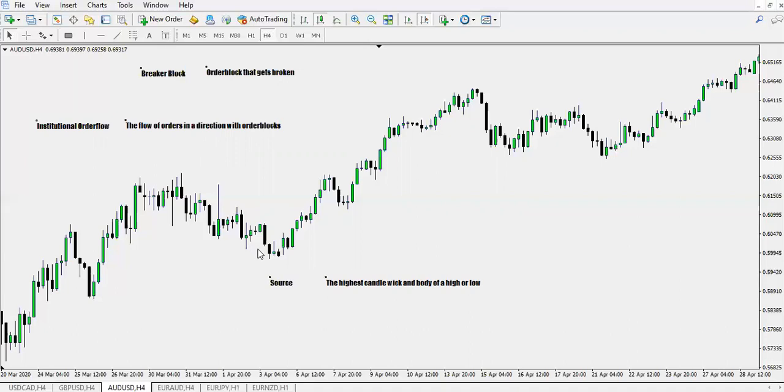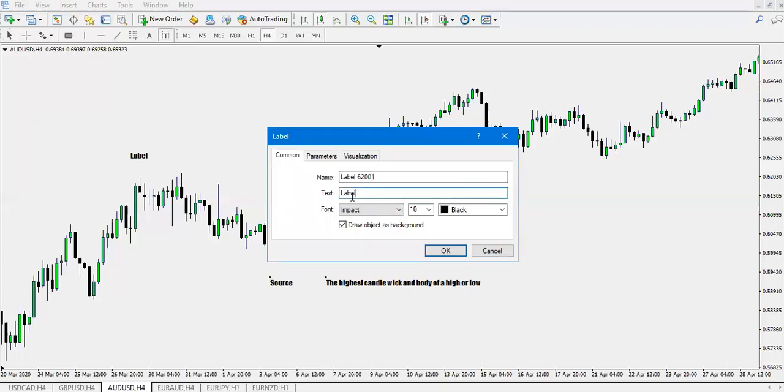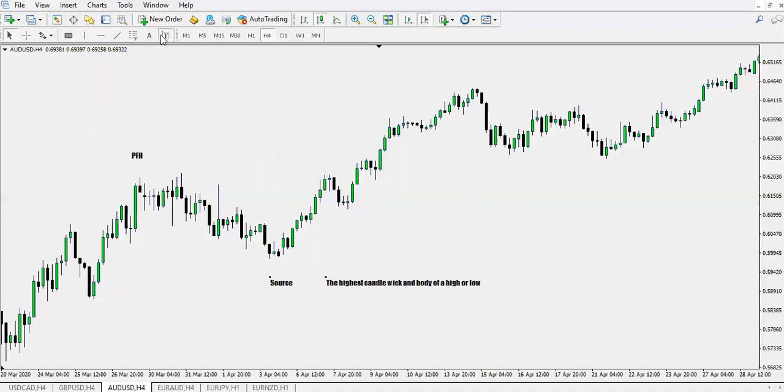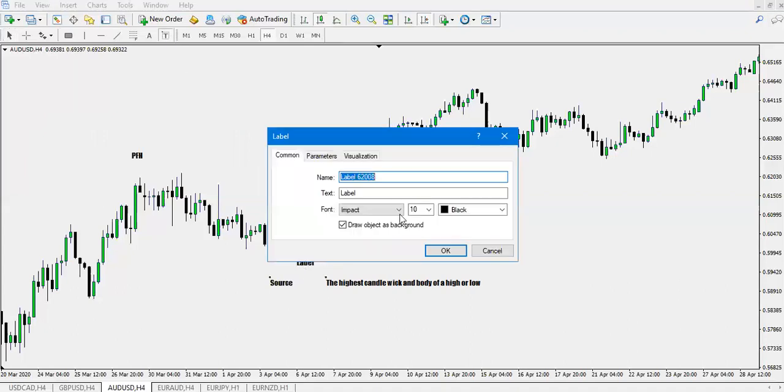So remember now, our source is the highest candle at the peak formation high and the peak formation low. So we call it the PFH, which is peak formation high, and we call the lowest point the peak formation low, the PFL.